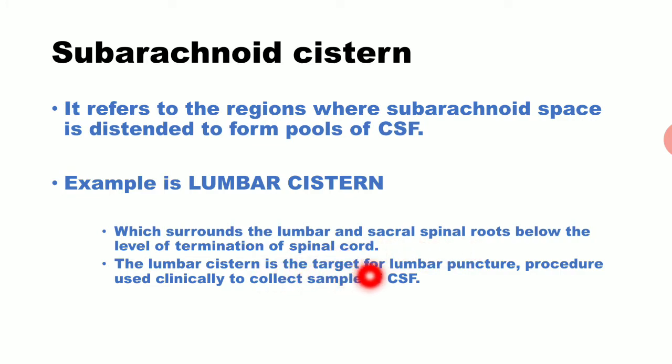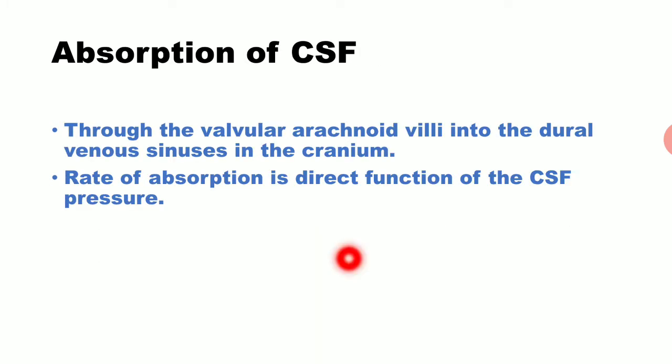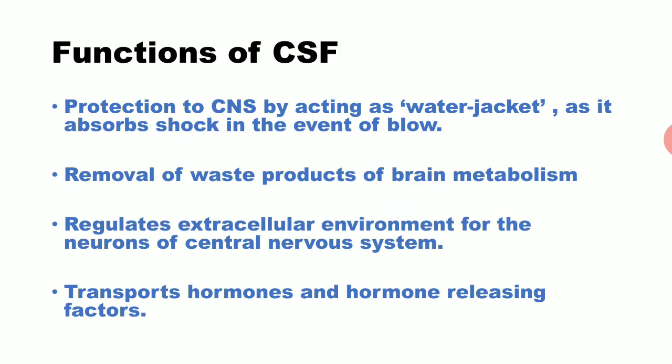The lumbar cistern is a target for lumbar puncture, a procedure used clinically to collect a sample of CSF. Now absorption of CSF mainly occurs through the valvular arachnoid villi into the dural venous sinuses in the cranium. The rate of absorption is a direct function of the CSF pressure, so it depends on pressure.